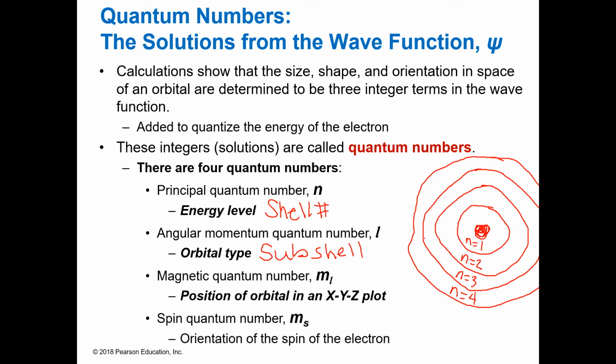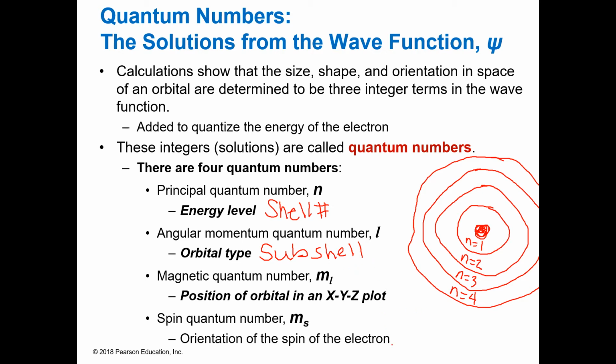A subshell is our shells broken up into subshells. So shell number 1, there's the opportunity that it could be broken up into more than one subshell. Shell number 2, same. Shell number 3, shell number 4, the same. And we'll go through those here in a minute.